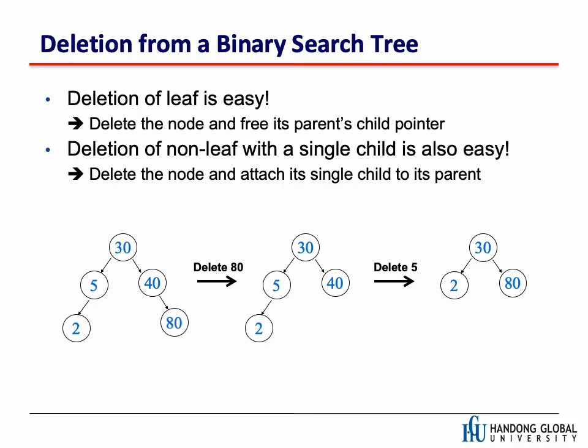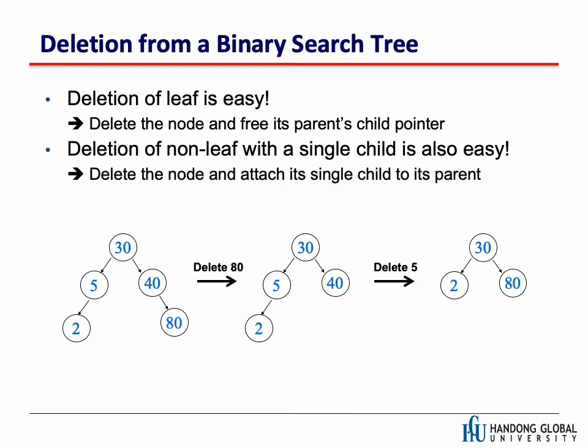That's simple. Second, deletion of a non-leaf node with a single child is also easy. We are not talking about a non-leaf node with two children. We are talking about a non-leaf node with a single child, like node 5 in this figure.